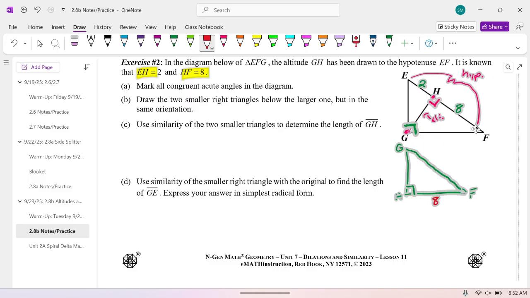Well, let's say that here and here, that's just of the original triangle. So if this was the right triangle, this would be congruent to F. And this side would be congruent to E. So if I mark them over here, F would have 1 tick, G would have 2.